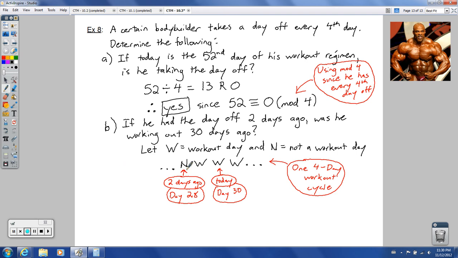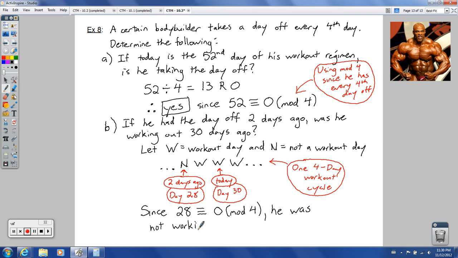We're going to have a non-workout day, a non-workout day. And so basically I can just divide 28 by 4. I can think of it in terms of modular arithmetic as this, since 28 is congruent to 0 mod 4. If I go back 28 days, I would have another N, a non-workout day. So he was not working out.